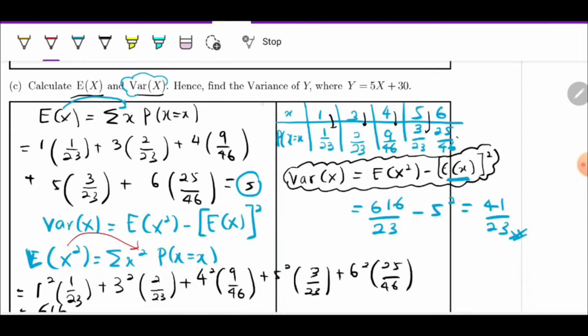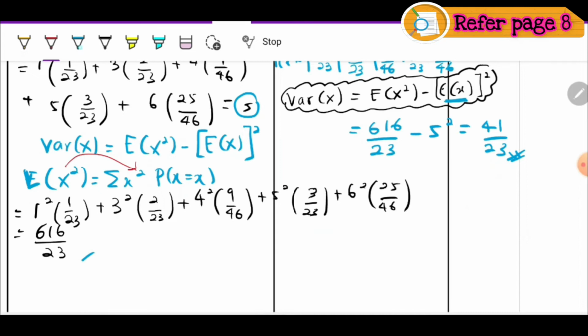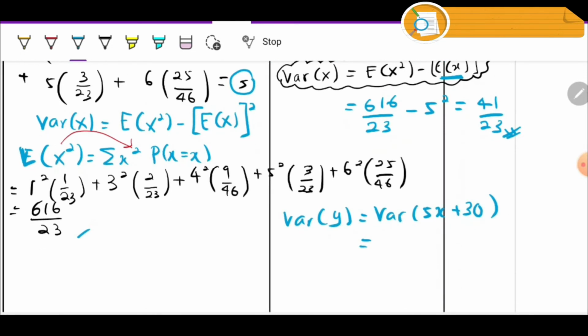Next, the question asks you to find the variance of y, where y is equal to 5x plus 30. Variance of y means variance of 5x plus 30. So remember the properties that we discussed in the previous video. If we have a constant on x, take out the constant, square it, then multiply with the variance.